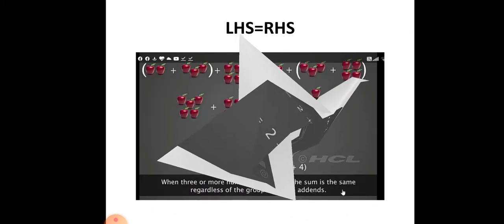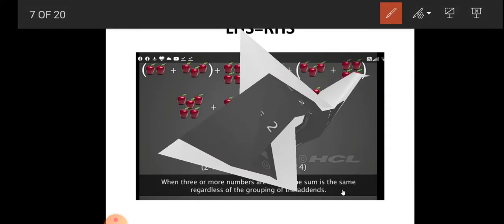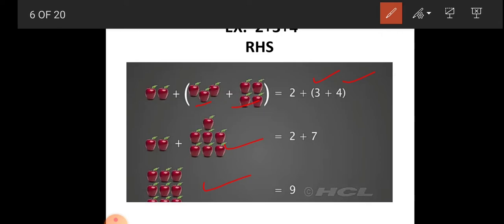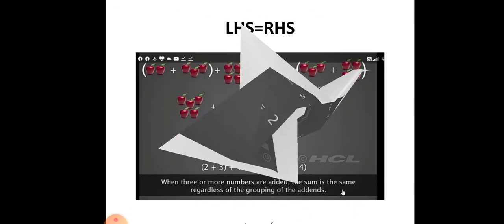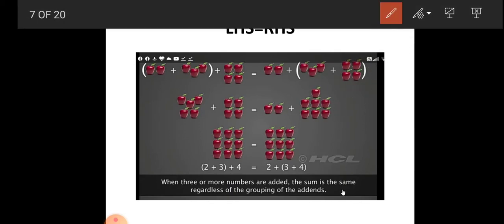Now let us see the left hand side and right hand side. First we group the first and second number, 2 apples plus 3 apples, 2 plus 3, the first two numbers.